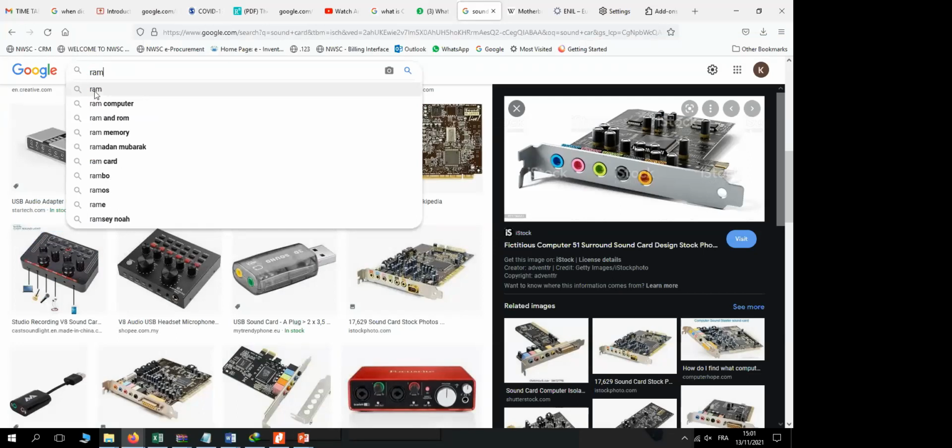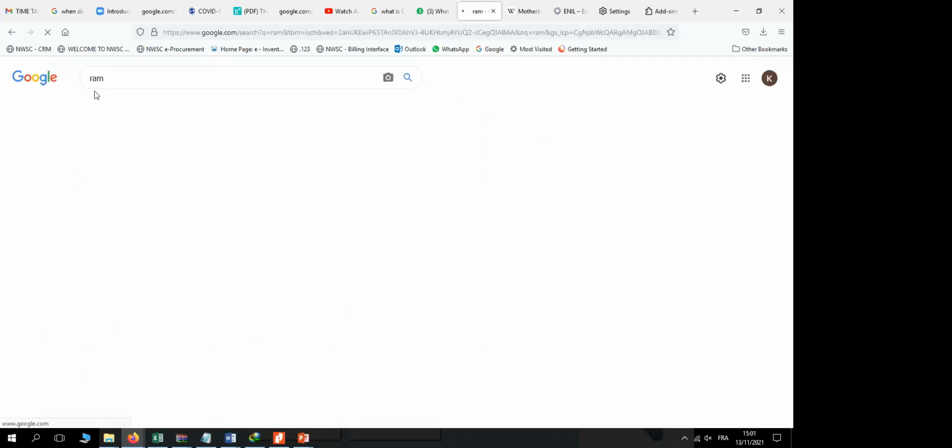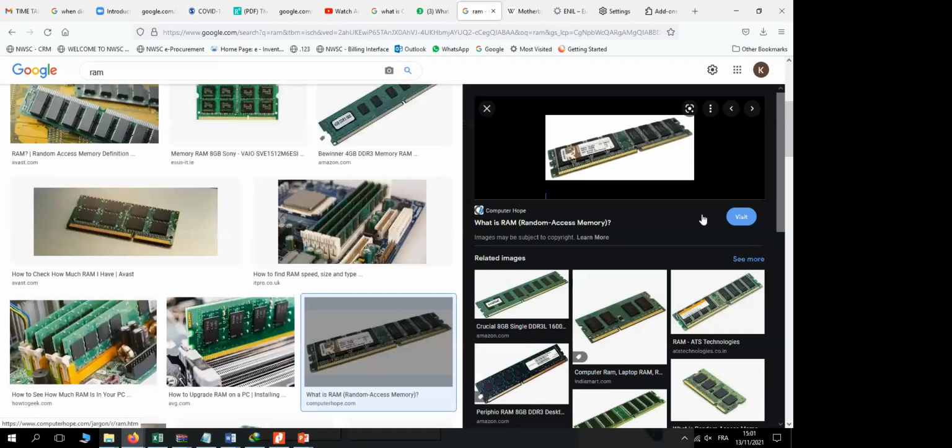When you open a computer, you will find a component that looks like the one here where my cursor is. Without this component called RAM, a computer will never work. Why? Because it's the working memory.